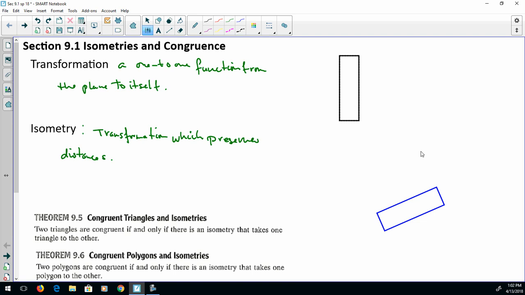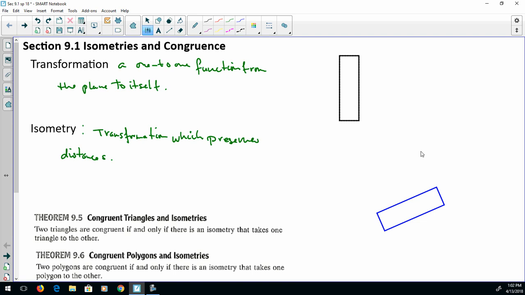Two triangles are congruent if and only if there's an isometry that takes one triangle to the other. So, in other words, you have a particular type of function that moves the plane around so that a triangle is moved to another one perfectly. And you can expand that, and I really don't know why the book has two theorems here. Theorem 9.6 seems to me would handle theorem 9.5, but you define congruence in terms of isometries.